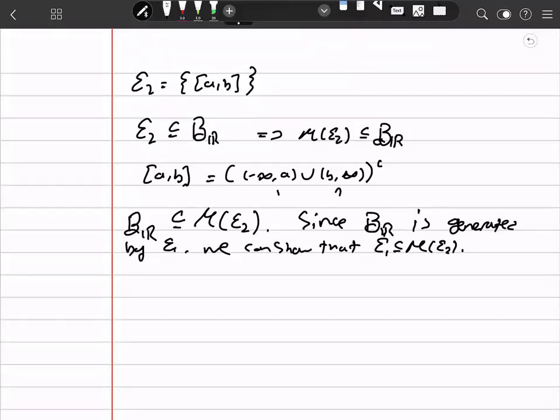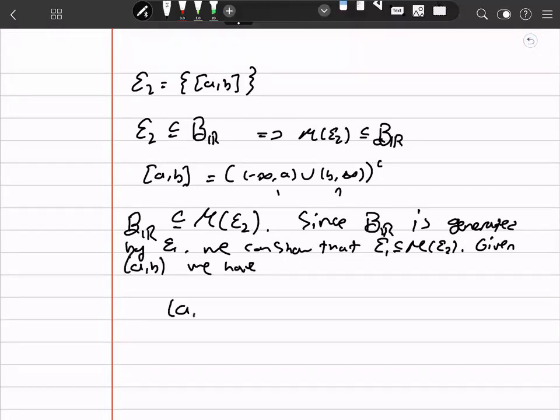If we have an open interval, we can create this open interval by intersections of closed intervals.